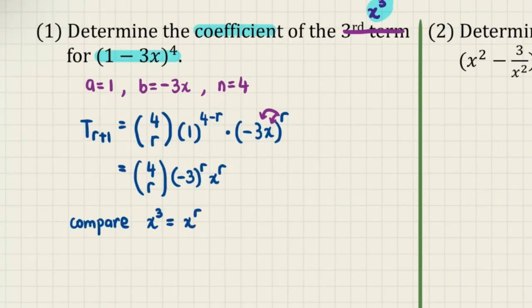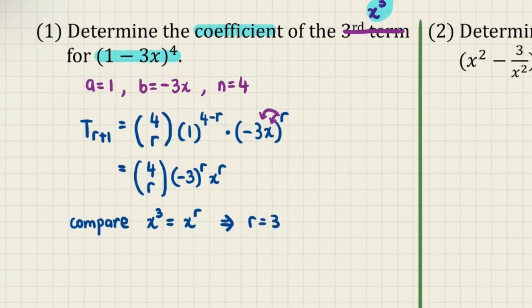Nampak tak? So dalam this term, saya dah simplify. So kita ada x power of R. So x power of R kita akan comparekan dengan x cube yang kita nak cari. So from there kita akan dapat the value of R. So by comparing, our R is equals to 3.